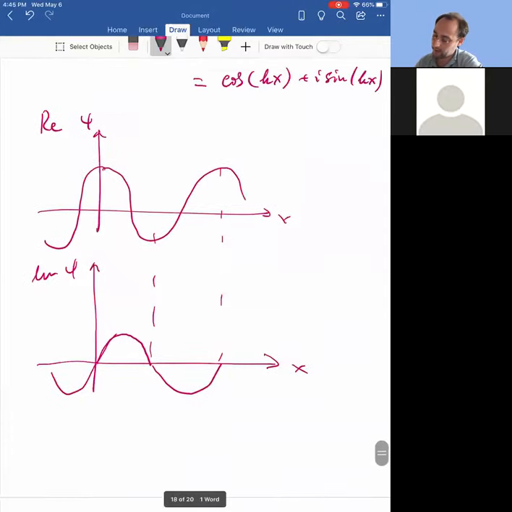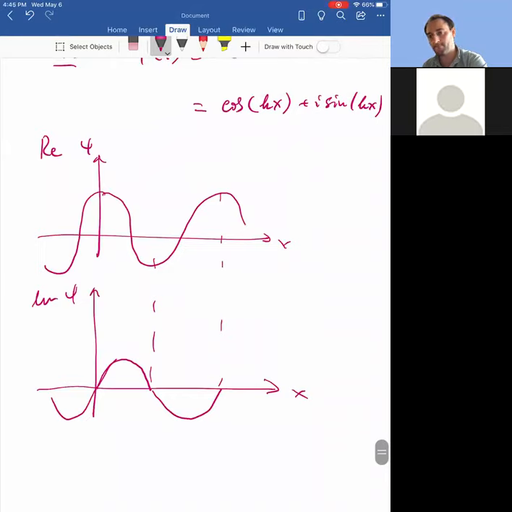Incidentally, if I ask you, what is the wavelength of this thing? Wavelength is the distance over which the function repeats. So here, this is 1, and here it's 1 again. This is the wavelength. So k times the wavelength equals 2 pi, because a function repeats when its argument increases by 2 pi.